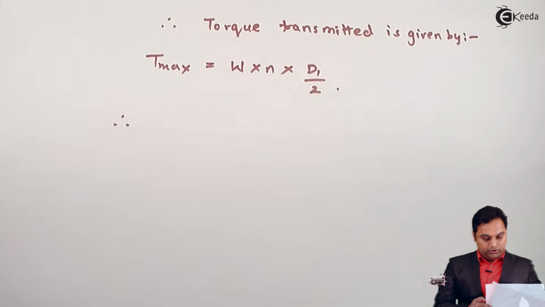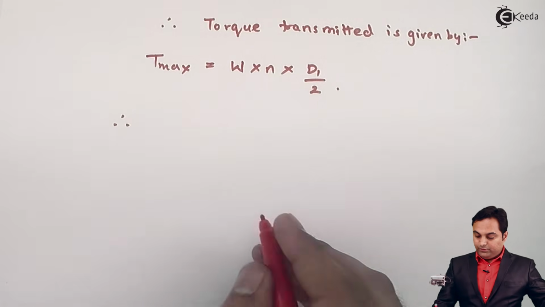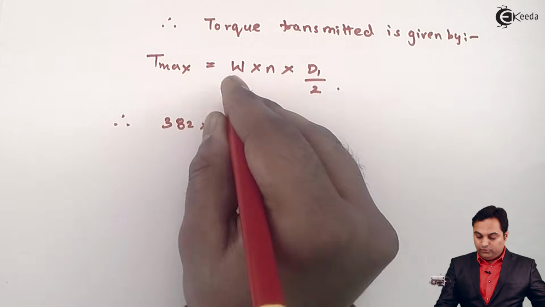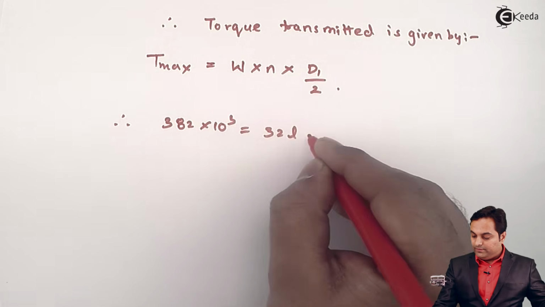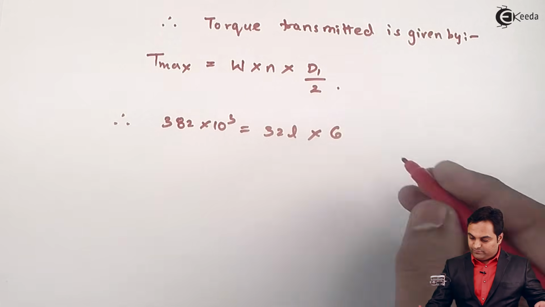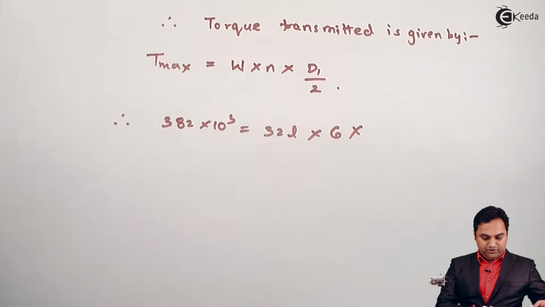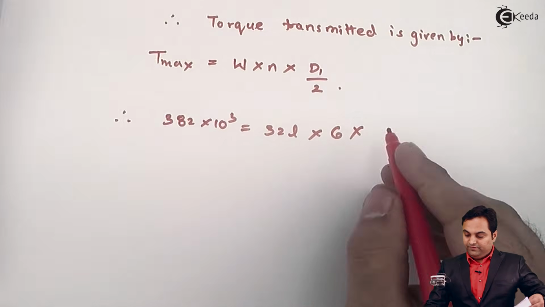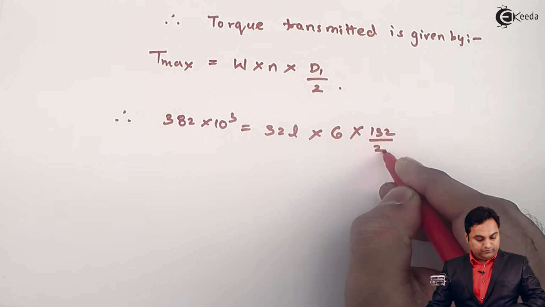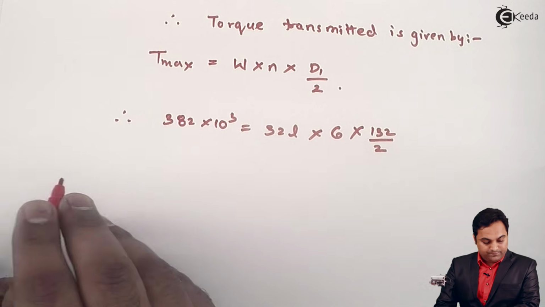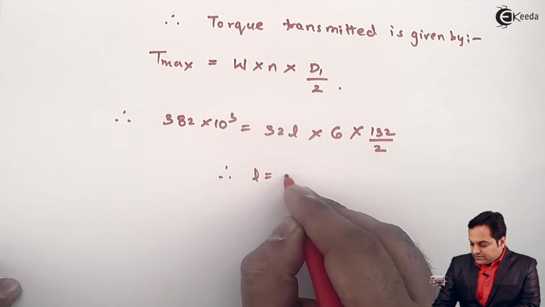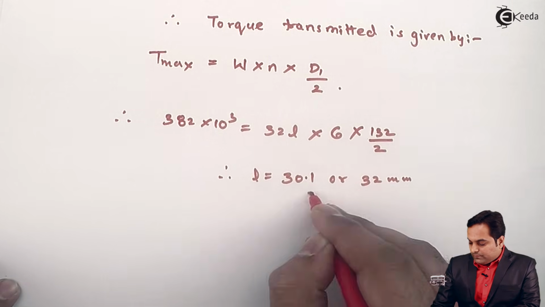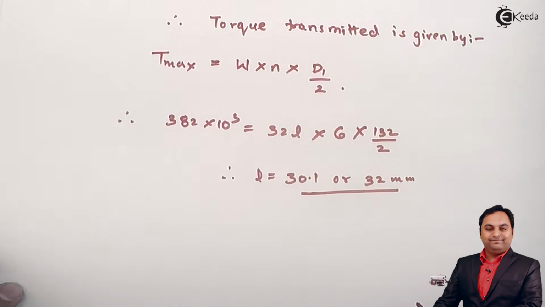T max was 382 into 10 raised to 3, W is 32 into L, N we have assumed as 6 pins, and the diameter of pitch circle D1 is 132. From this I'll get L, and that is 30.1. I'll round it off to 32 mm. So this is the length of pin.